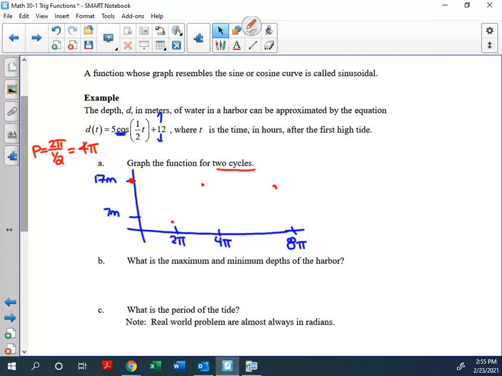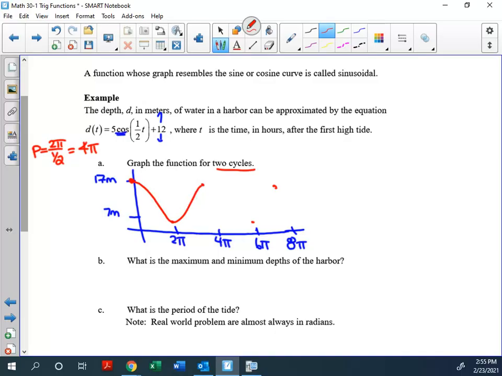Same thing happens here. At 6 pi, it's going to hit its minimum of 7. And to be honest, at this point, that's enough. Please be curved with your lines. They are not straight lines. It's a curved graph. And there are my 2 cycles.